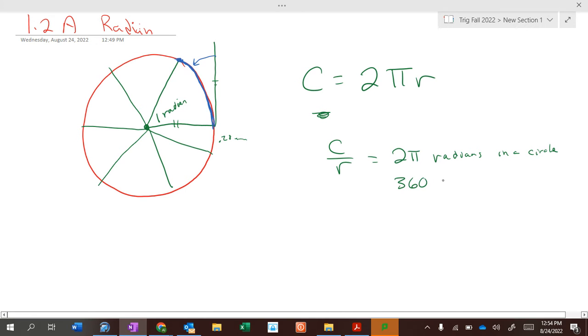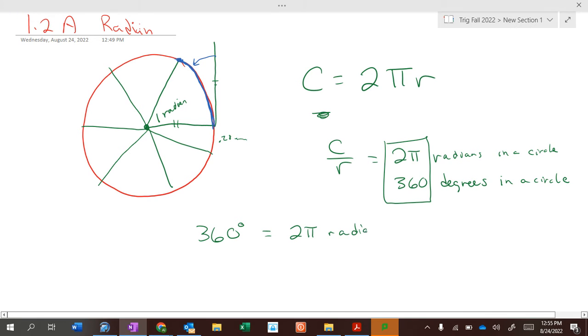There are 360 degrees in a circle. So 360 degrees is the same as 2 pi radians.